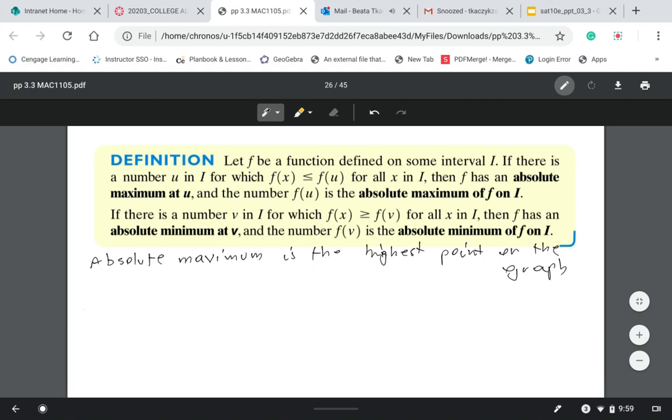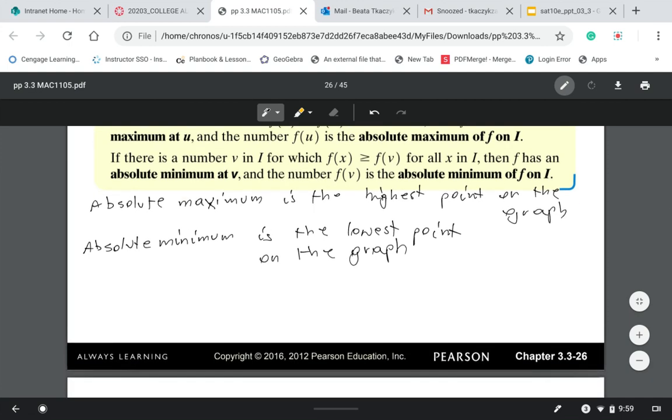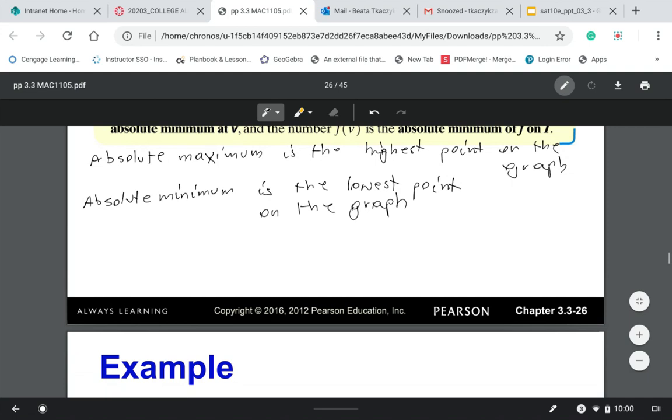Absolute minimum is the lowest point on the graph. Sometimes the local maximum is also the absolute maximum, and the local minimum can become the absolute minimum. Don't forget that local you may have more than one. Usually the absolute maximum and absolute minimum is just one y value.